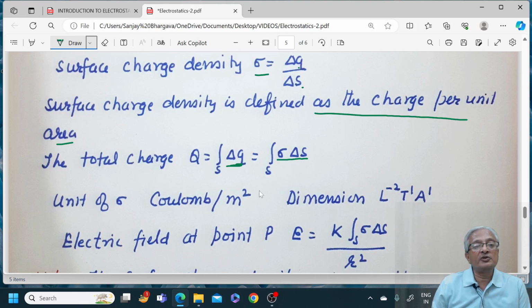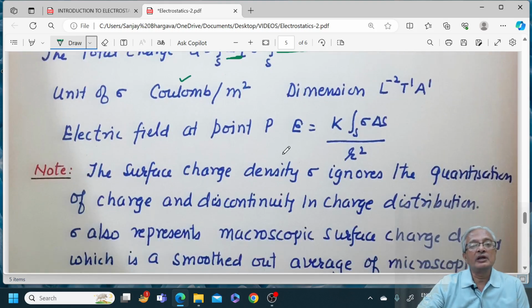What can be the possible unit? It can be coulomb per meter square, and the dimension is L to the power minus 2, T to the power 1, ampere to the power 1. What would be the electric field? As usual, it would be K times the total charge upon R square.